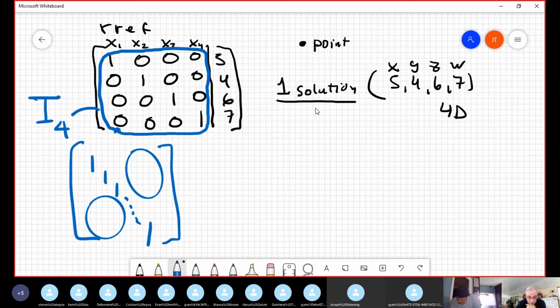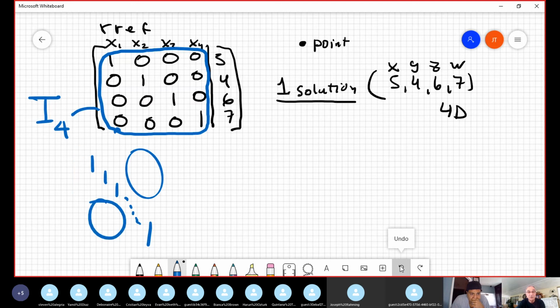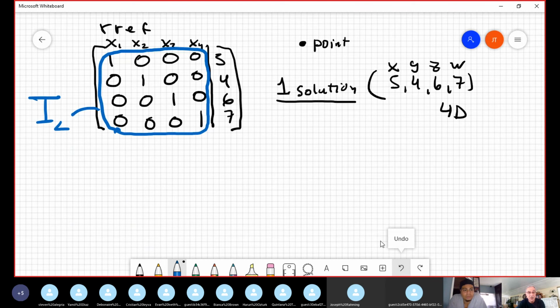Suppose that we have 100, this is the identity matrix of size 100. You will be able to recognize the identity matrix case, and then we have no free variable. Do you understand that we have no free variable?